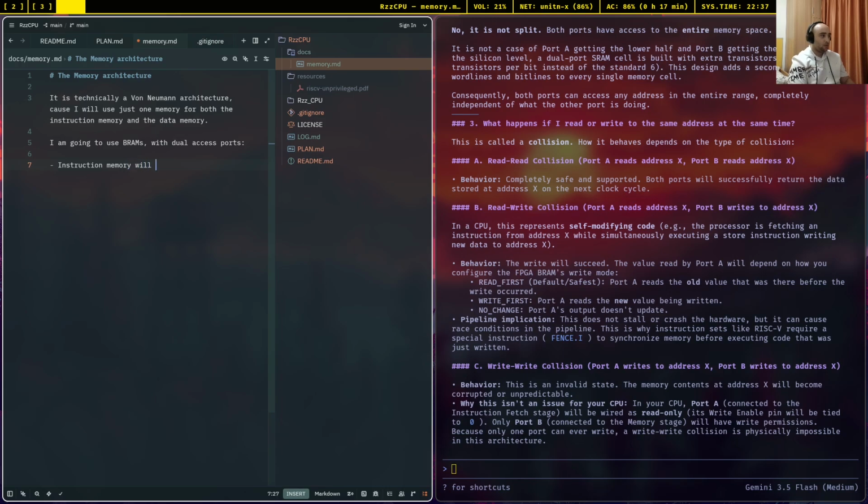Instruction memory will be using port A, which is read only, while data memory will be using port B, which has read-write access.